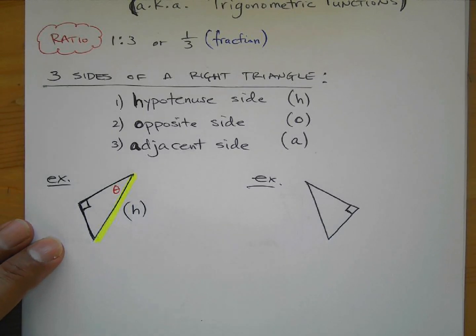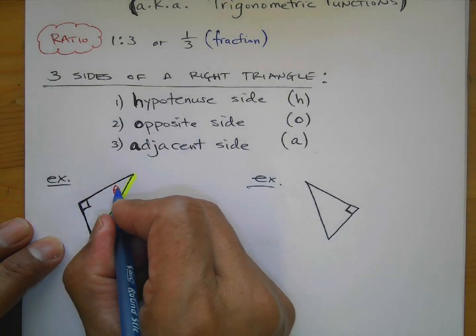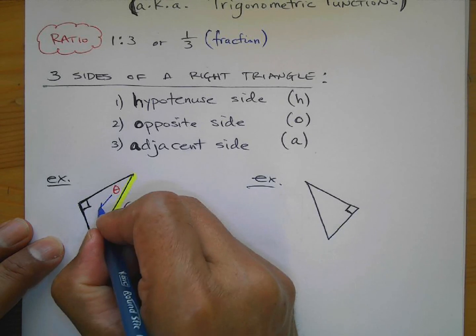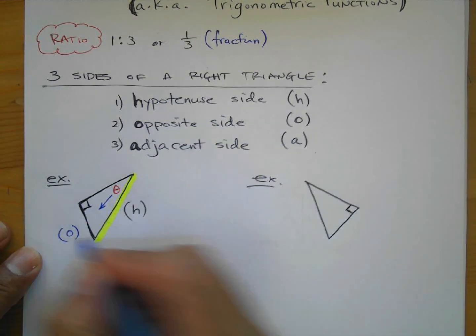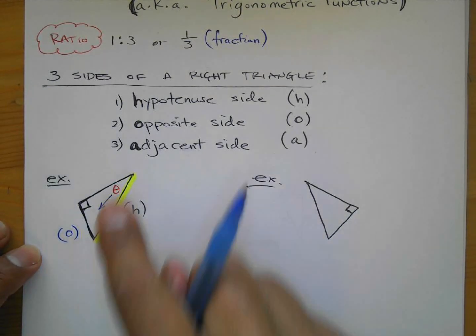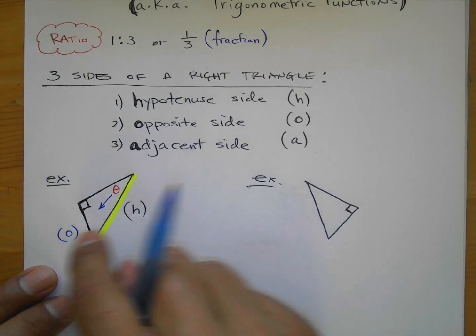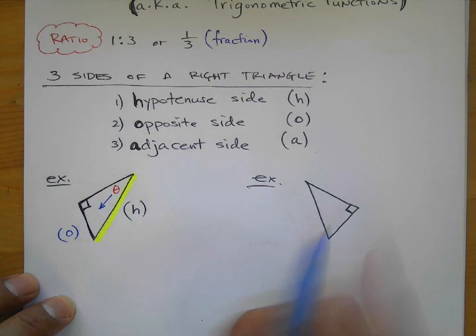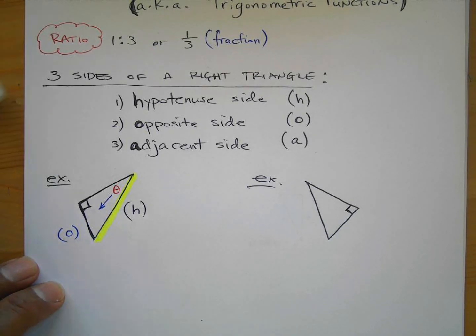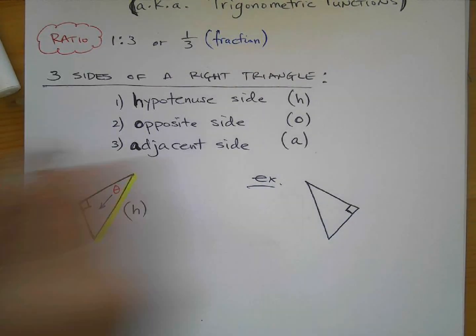Then always, always, always draw an arrow. The angle's here, but the side opposite of it is this one. Very, very important. A lot of people get the hypotenuse right, but then they put the opposite side wrong. If you label this one wrong, then you're going to label this one wrong. So opposite of the angle, always draw an arrow. And then the last one is adjacent.